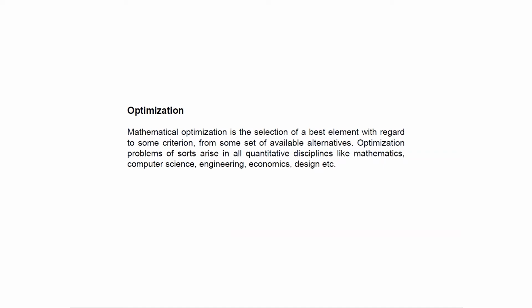There are a few things that we assume here. First, this idea that we can select the best element with regard to some criterion means that we need to be able to quantify what is good and what is bad.